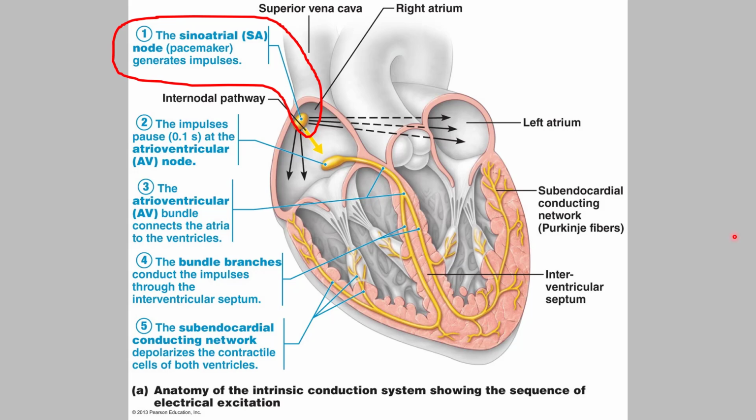And that's because on its own, it is completely capable of generating an action potential about 100 times per minute without any input at all from the nervous system. If you were to take the heart out of the body and put it in a jar, this guy would keep the heart beating by generating his own action potentials.